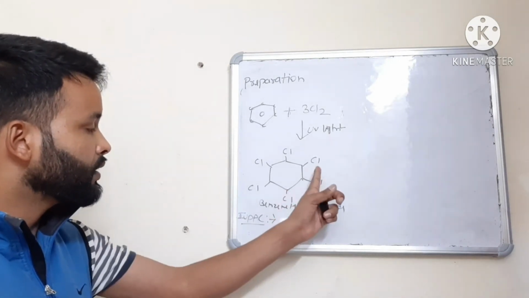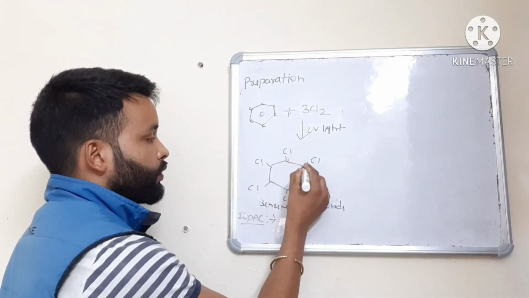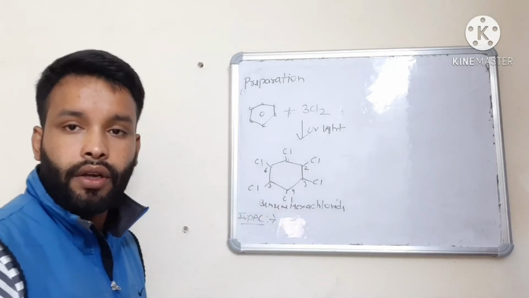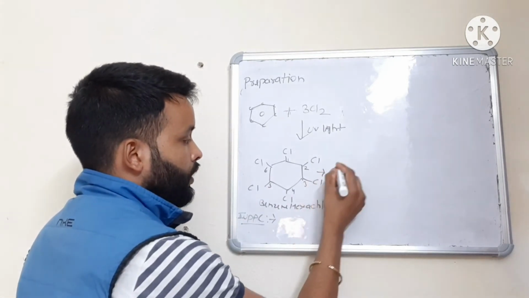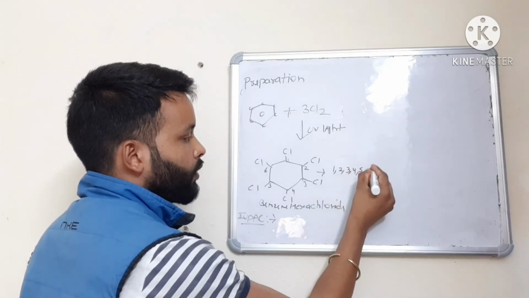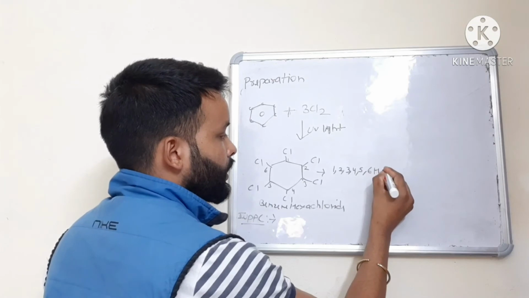So if I mark the positions, this is position number 1, 2, 3, 4, 5 and 6. Hexa stands for 6.